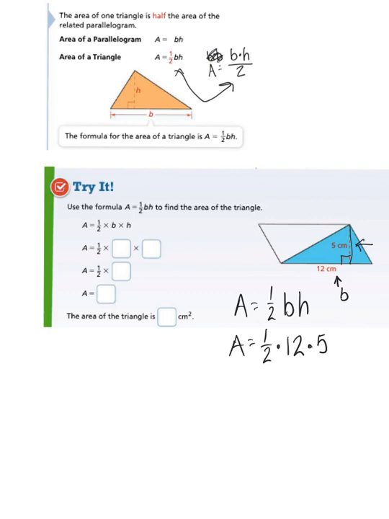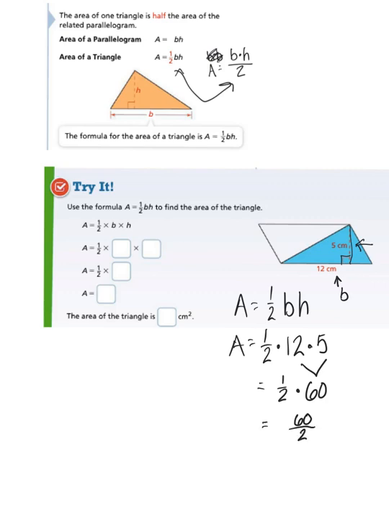What I'm going to do is, at first, multiply 12 times 5. 12 times 5 is 60. And then I have to multiply 60 by 1/2. Whenever you multiply by 1/2, you're really dividing by 2. You're taking 60 and dividing it by 2.